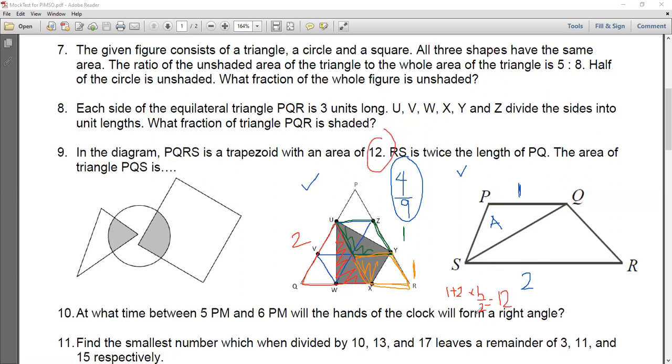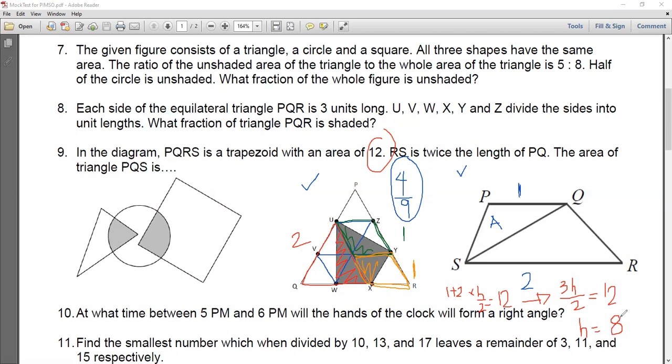So in that case, this will be now equivalent to 3h over 2 is equal to 12. So solving for h, and I am pretty sure that you know that one, solving for h now will be equivalent to 8.